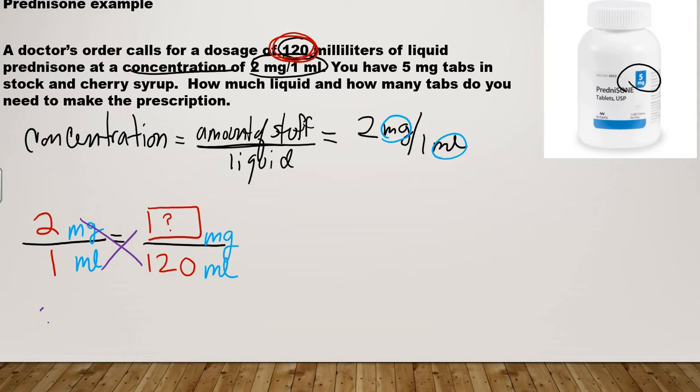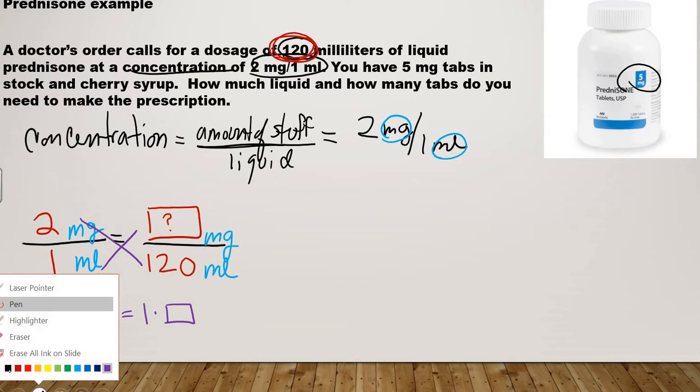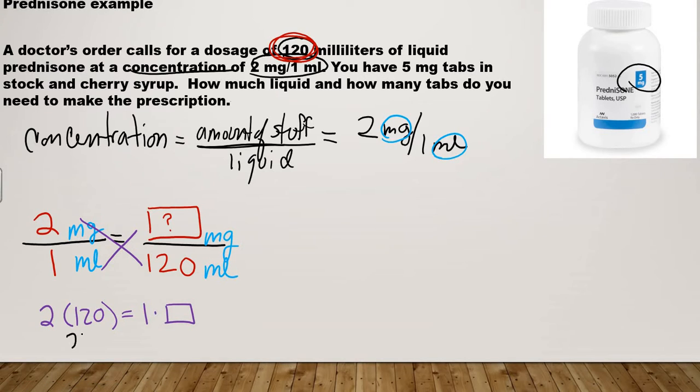And that is 2 times 120 equals 1 times unknown. So this, of course, becomes 240 milligrams equals 1 times unknown. Technically, you would divide both sides by 1, but it's still the same thing.